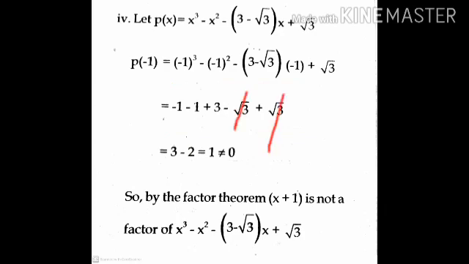Here we cancel plus root 3 and minus root 3, and minus 1 minus 1 is minus 2, minus 2 plus 3 equals 1, but it is not equal to 0. So by the factor theorem, x plus 1 is not a factor of x cube minus x square minus (3 minus root 3) into x plus root 3, since we did not get 0 as remainder.